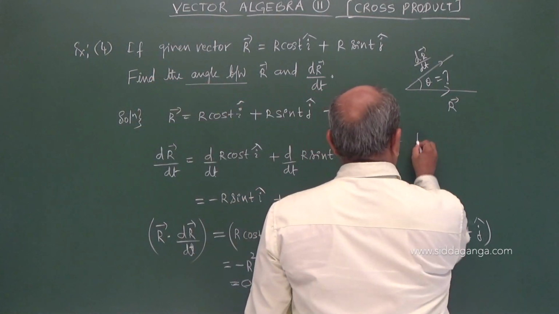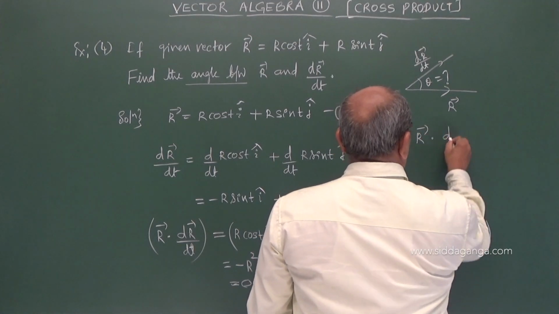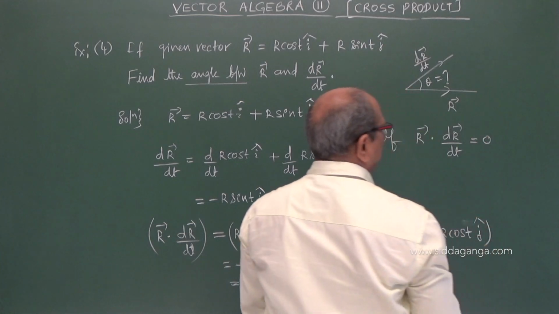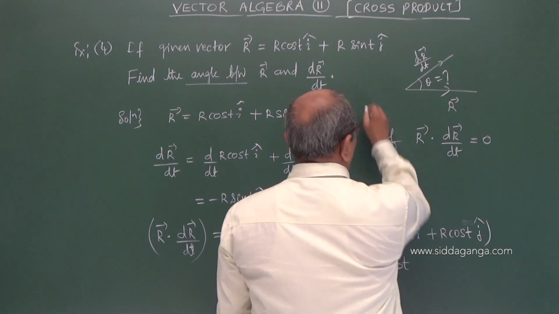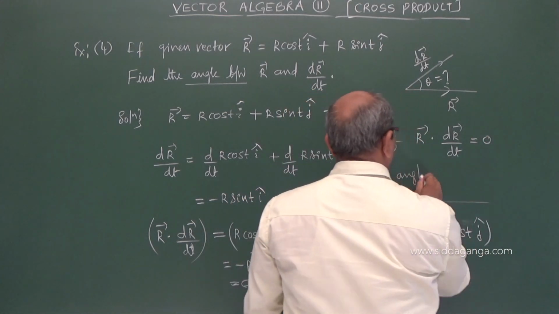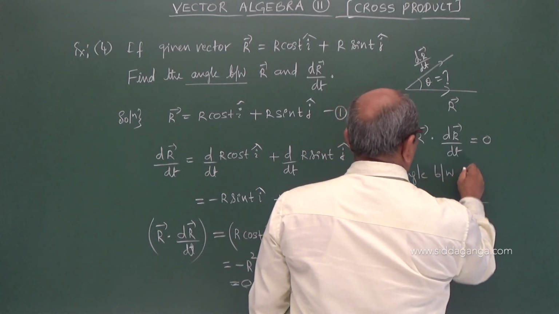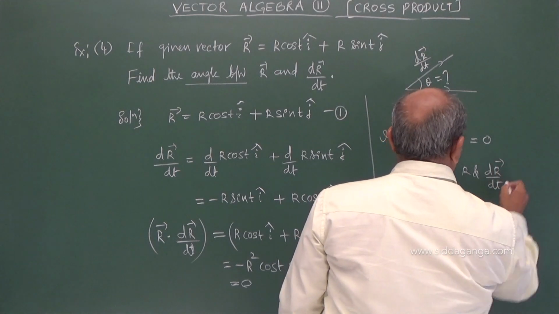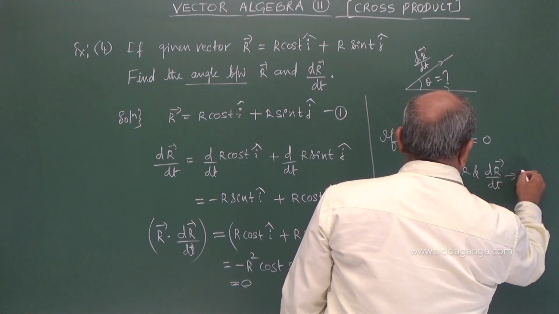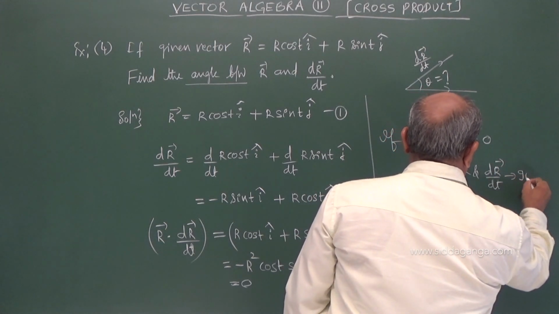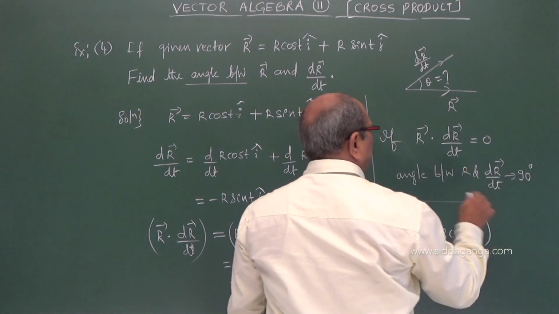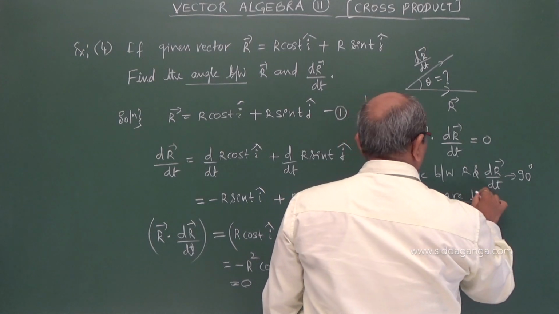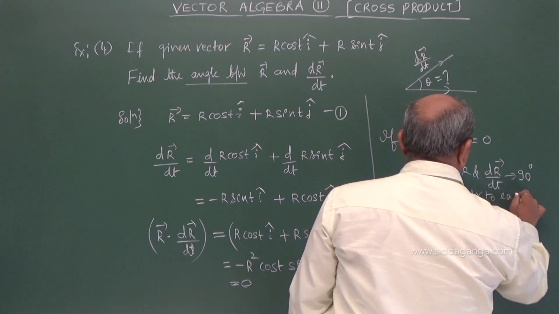If the dot product of two vectors is 0, then the angle between R and dR by dt becomes 90 degrees, or I say they are perpendicular to each other.